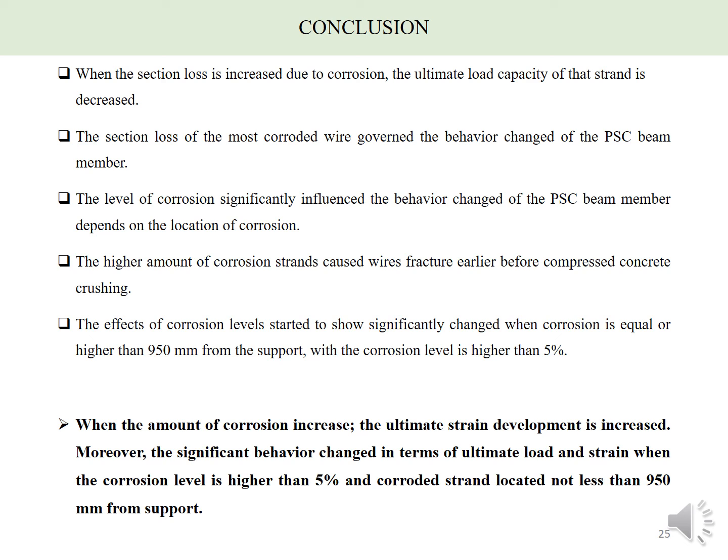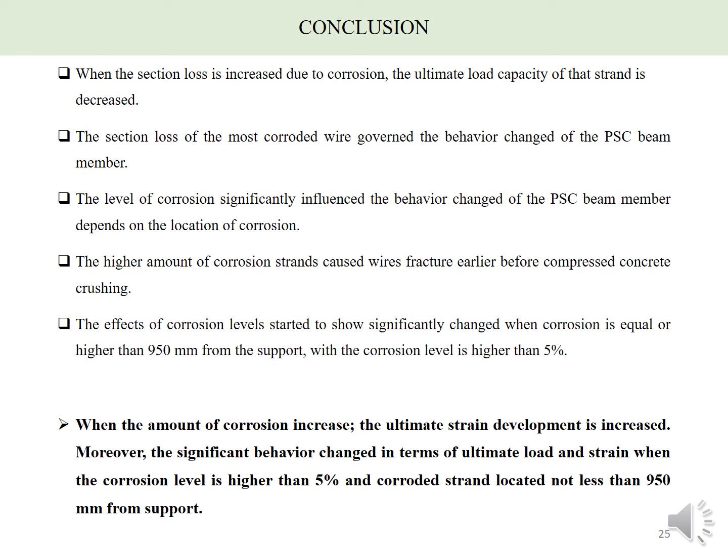The effects of corrosion level started to change significantly when the corrosion is equal to or more than 950 mm from the support, with a corrosion level higher than 5%.